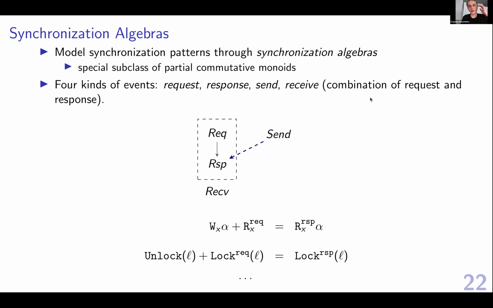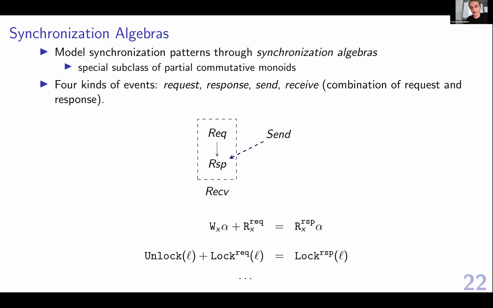So we model this pattern of synchronization through another concept called synchronization algebra. It's a way to write these synchronization rules in an algebraic form, like a set of equations.